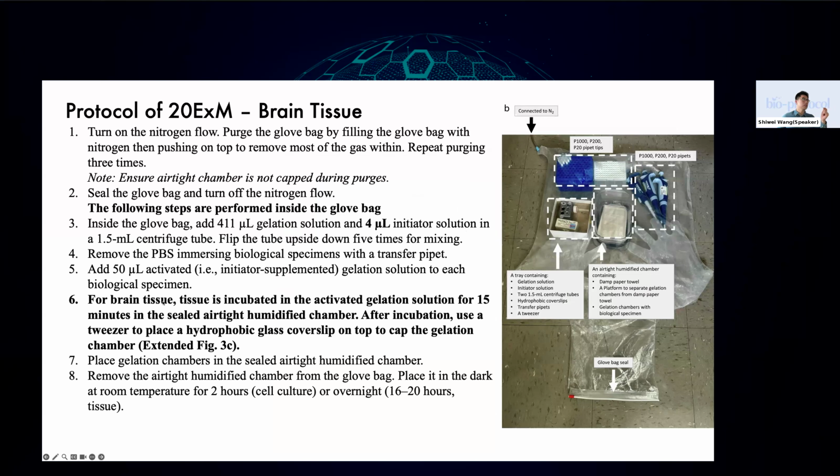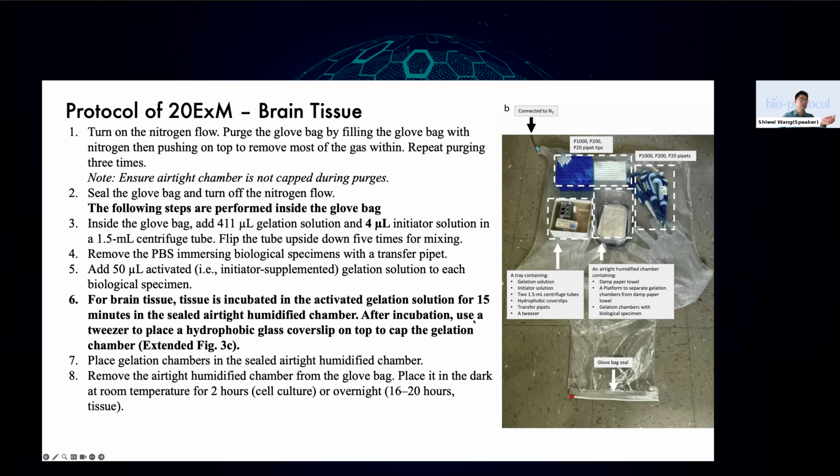What you want to do is remove the PBS and add the gelation solution to the brain tissue and incubate it in the gelation solution for 15 minutes. It's important you have a damp towel in the chamber and you want to cap it during those 15 minutes because you don't want the drop of gelation solution to evaporate while you're waiting for the incubation.